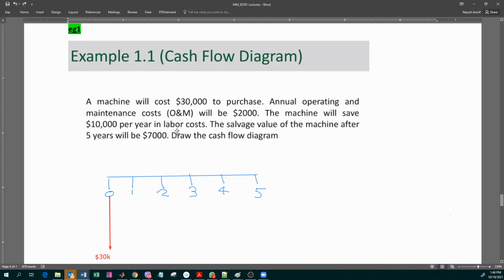All right. Now, an annual operating cost of $2,000 per annum. Oh, wow. $2,000 per annum. Okay. So $2,000 per annum.